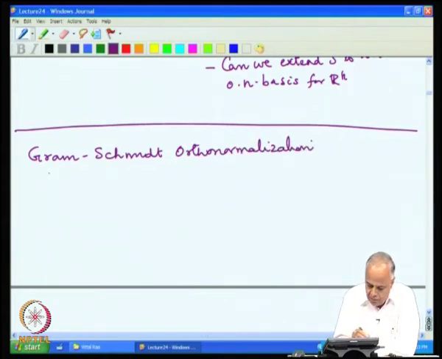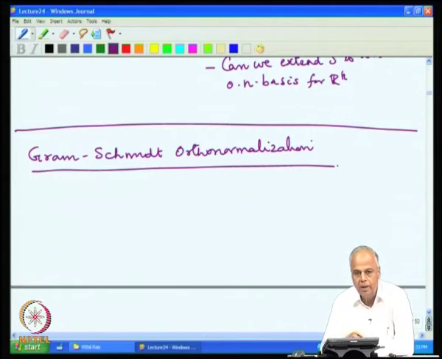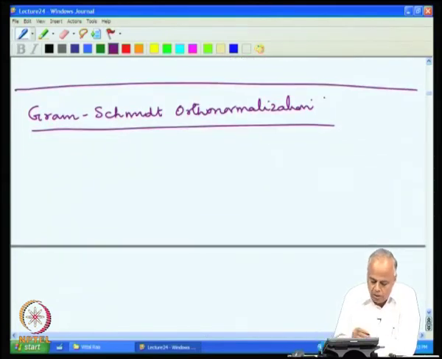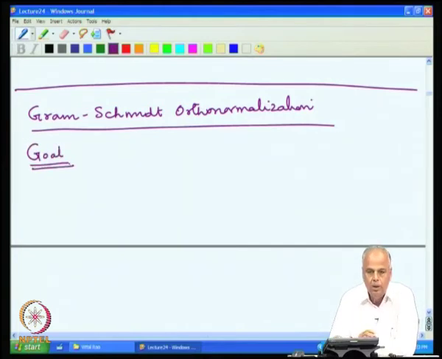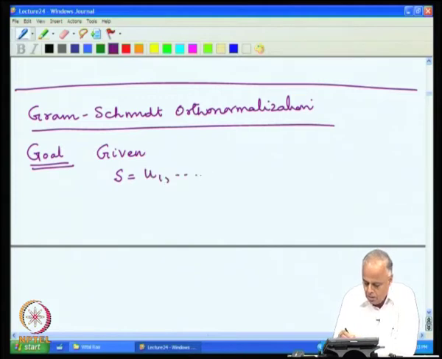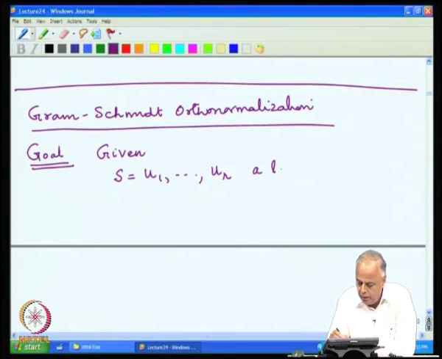Before we describe this procedure, let us say what does this Gram-Schmidt do? What is the goal of this process? The goal of this process is the following: we are given a linearly independent set S in R k.